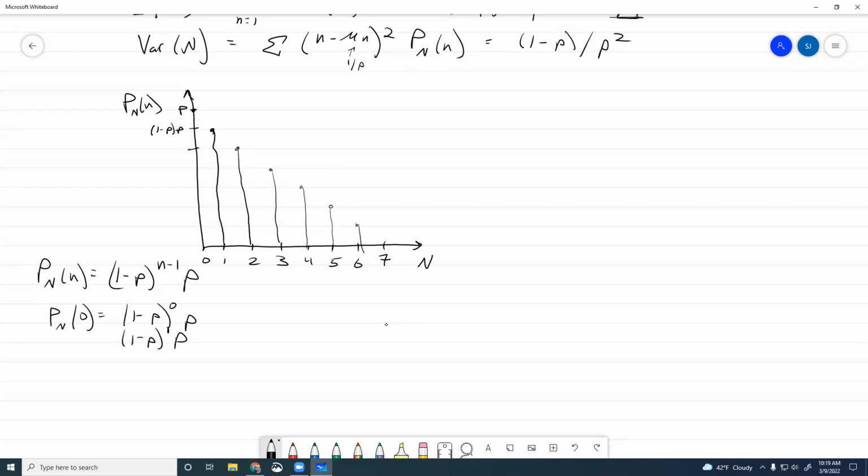This is a scale that would be a geometric scale. But we'll actually see plots of this later. If we go all the way out to 6, for example, then we're at (1 minus P) to the 5 times P.